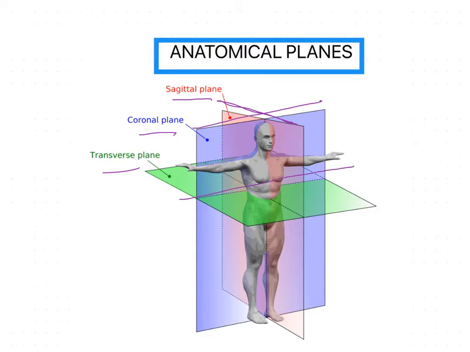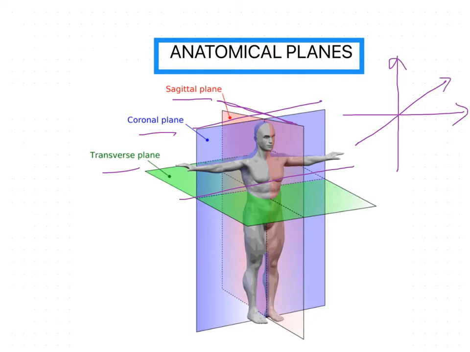And if you consider all these planes in 3D, for example, the transverse plane lies in the x-axis, this sagittal plane is located in the y-axis, and this coronal plane in the z-axis. So all these planes are perpendicular to each other.